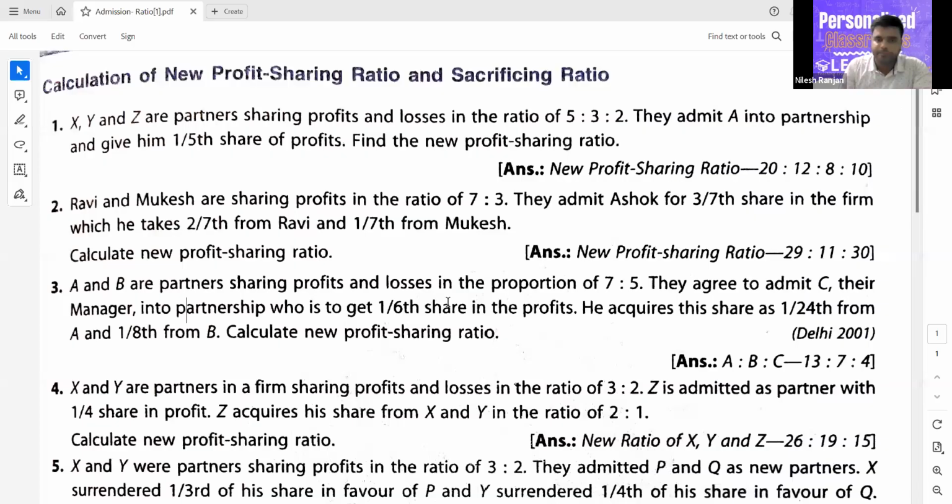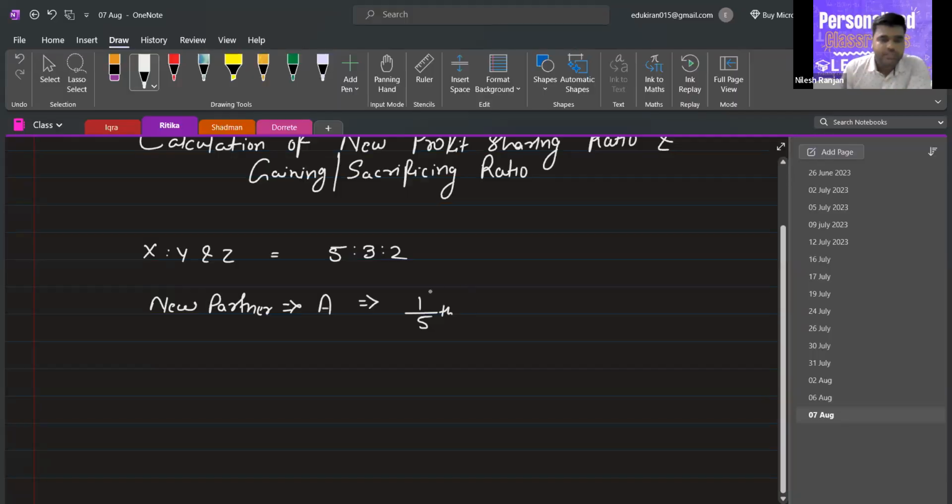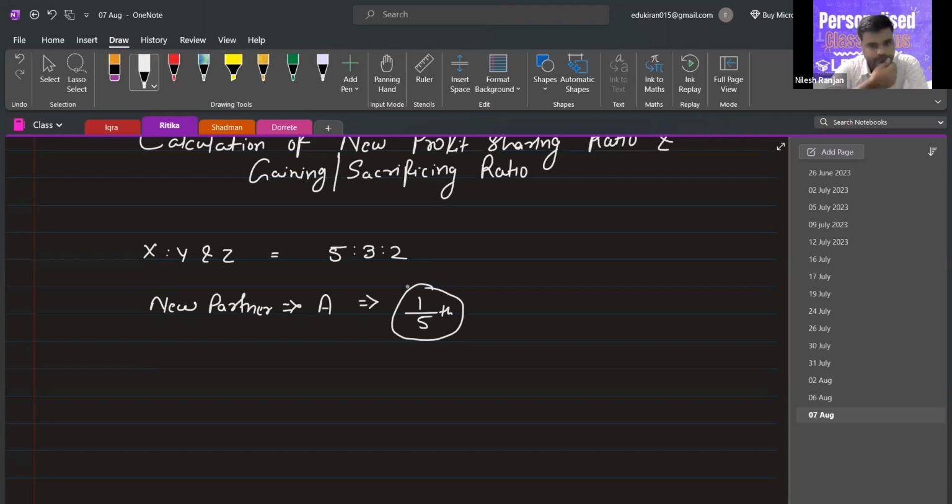Now, this 1/5, he is receiving from which partner? All of them? Yes, it is correct. The new partner A is receiving his share, that is 1/5, from all of them.